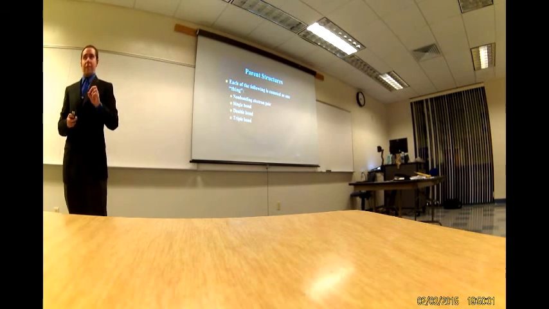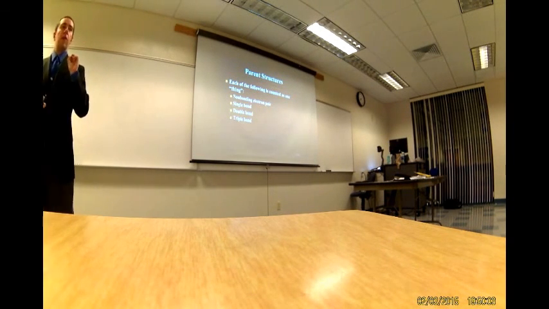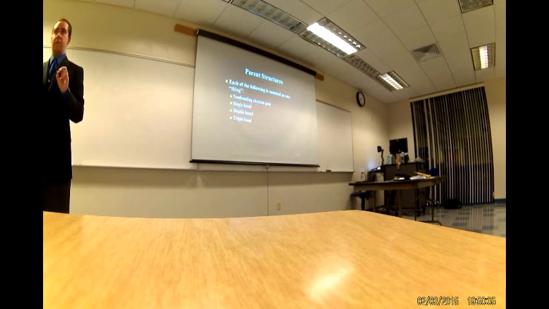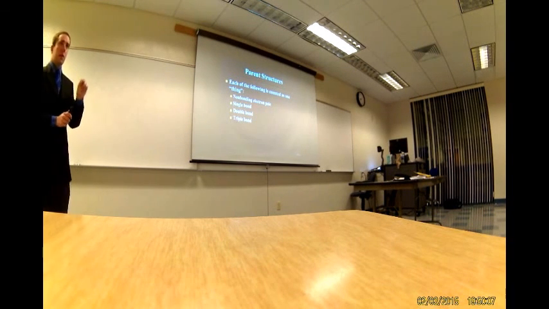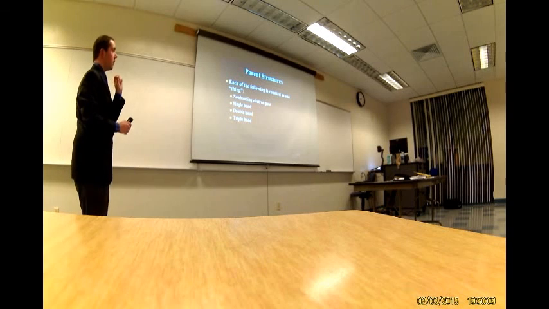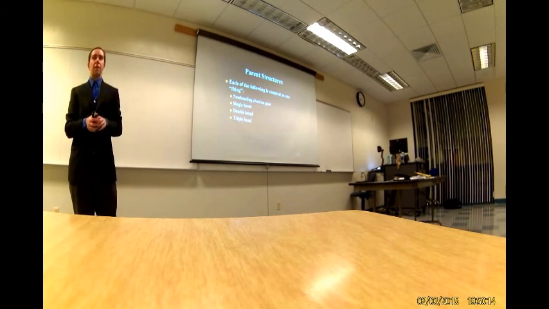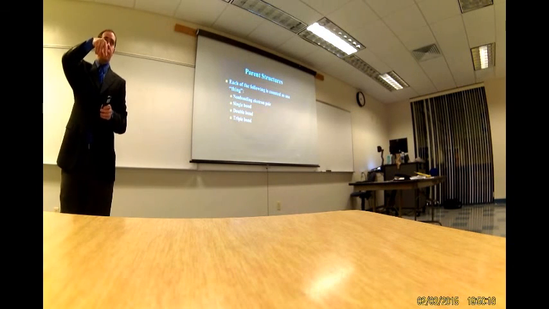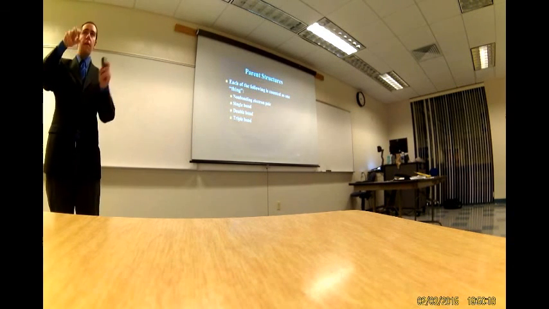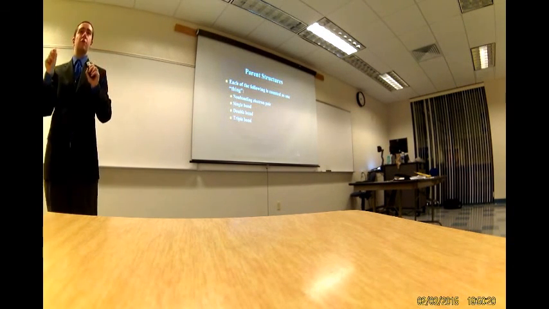The first step is to come up with what we call a parent structure. And you get the parent structure by drawing the Lewis structure. Then you're going to find your center atom and count the number of things attached to it.